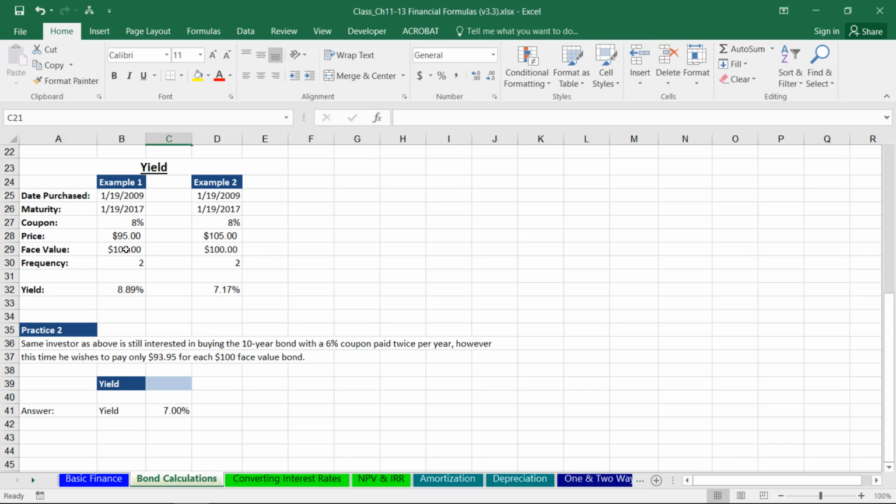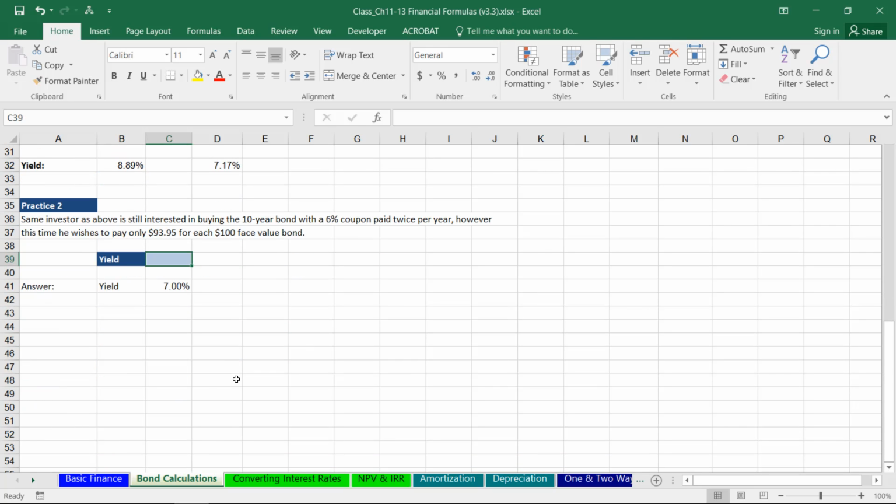Therefore, you know that it's being sold at a discount. That will increase the yield that I get. On the other side, we have a price that's greater than the face value, so the yield is reduced to 7.17%.